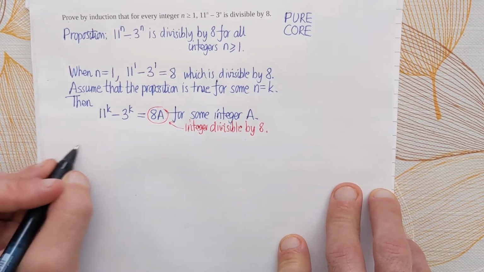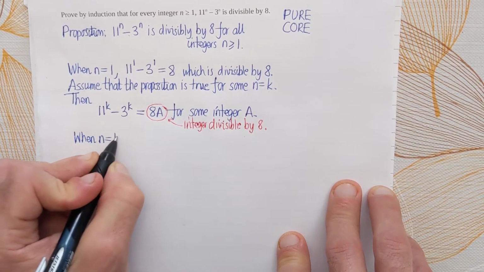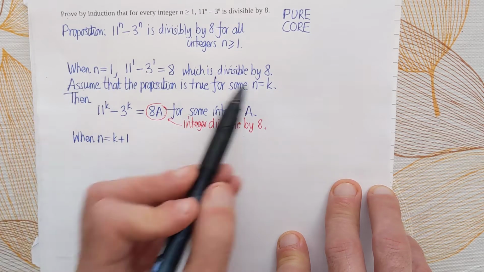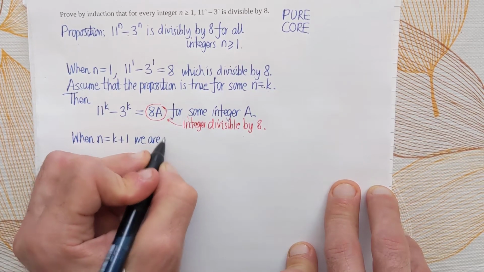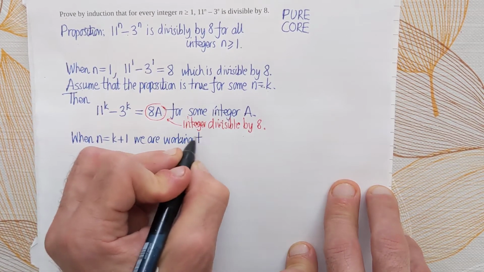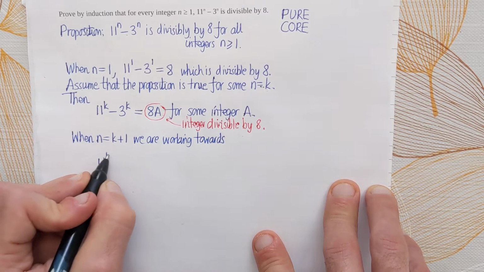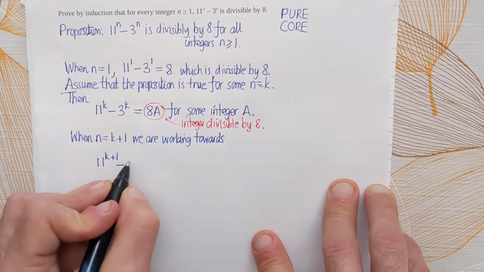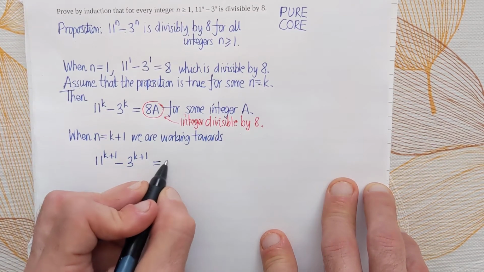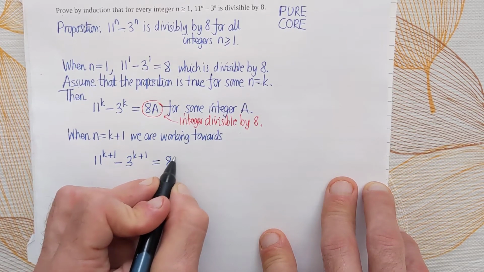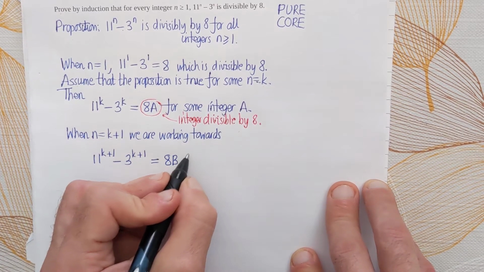Having done that, we go to the next integer along. So when n equals k plus 1, the next integer after k, we are working towards 11 to the power of k plus 1 minus 3 to the power of k plus 1 must also be a multiple of 8. 8 times something else, some other integer, not a anymore.